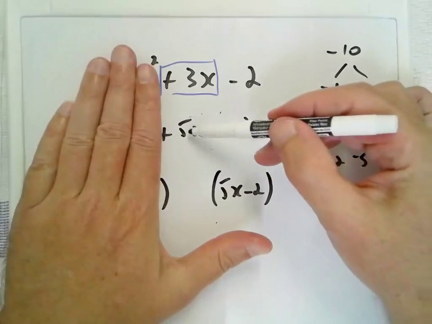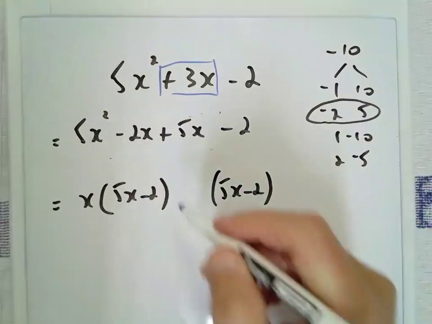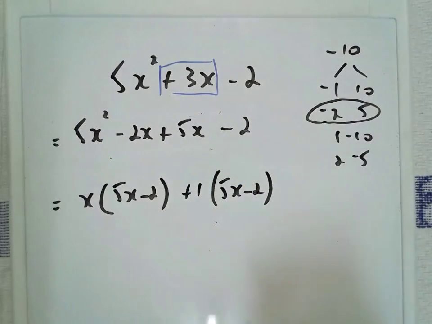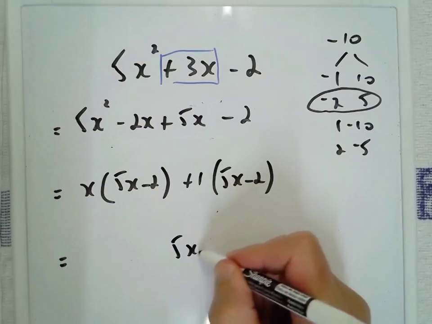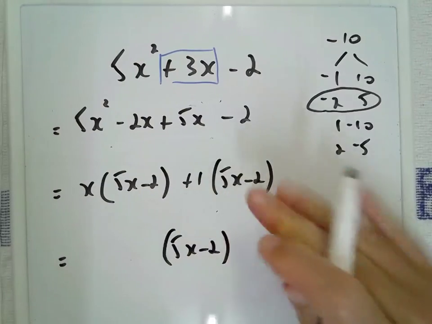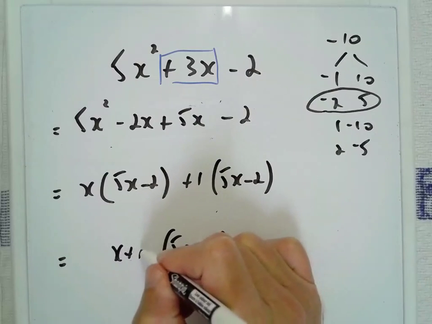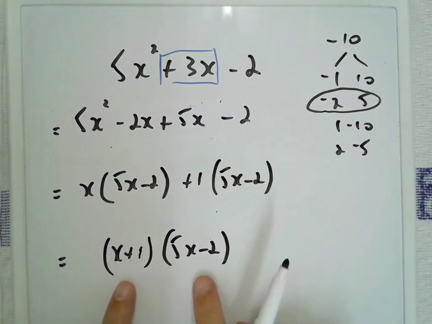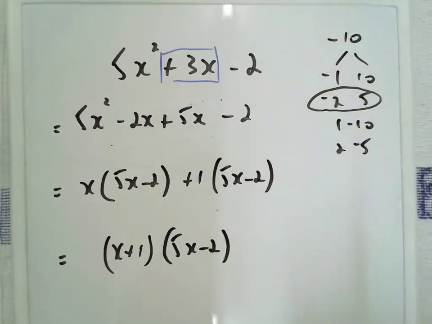And then I'm saying, well, what has to come out of 5x minus 2 to leave 5x minus 2? It's a positive 1. Then I've got my brackets. And when I pull my brackets out, I'm left with an x plus 1. So if I expanded these brackets, I would get that.